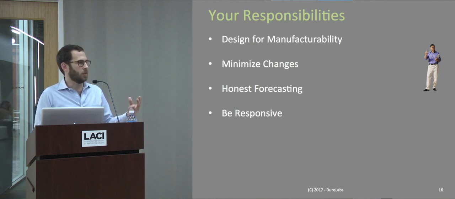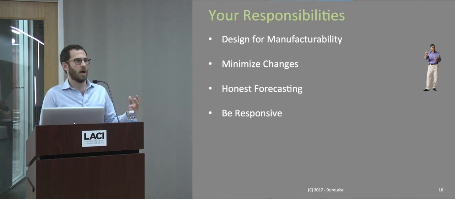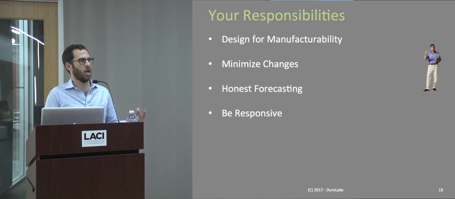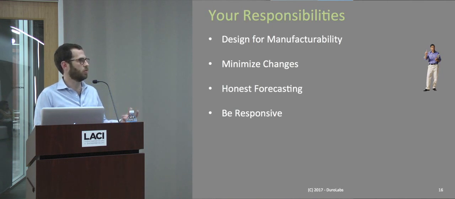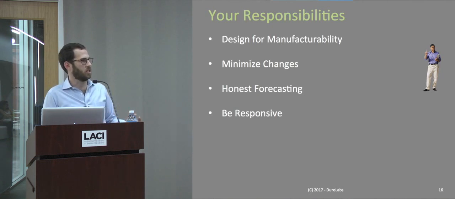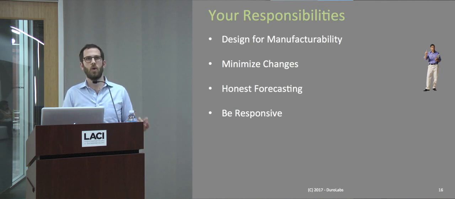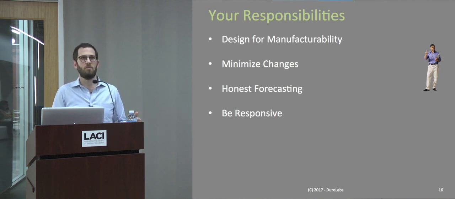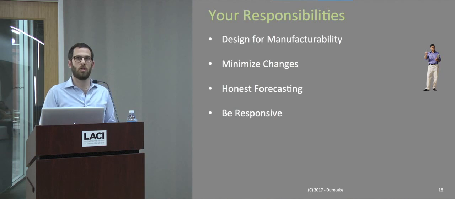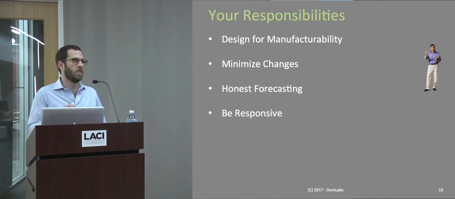When you're designing your product for manufacturability, sometimes you make decisions that don't always make intuitive sense because it doesn't change the functionality or the performance of your product, but it actually makes the efficiency of manufacturing it go up, and the chances of making mistakes in production go down. And these are the things that manufacturers look for.